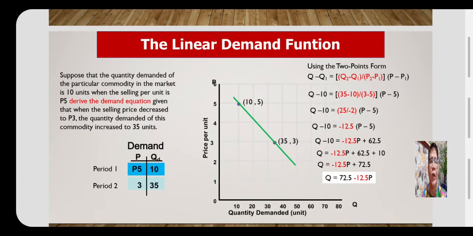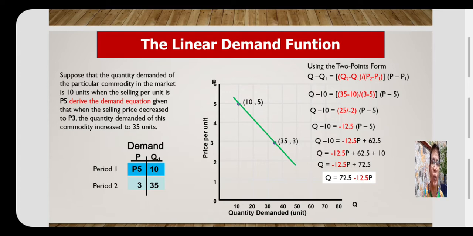So let us have here this problem, and let us try to make use of this 2 points form. Now, why 2 points form? Because what we have as a given are 2 points on a Cartesian plane. If we connect these 2 points, it can create a straight line.